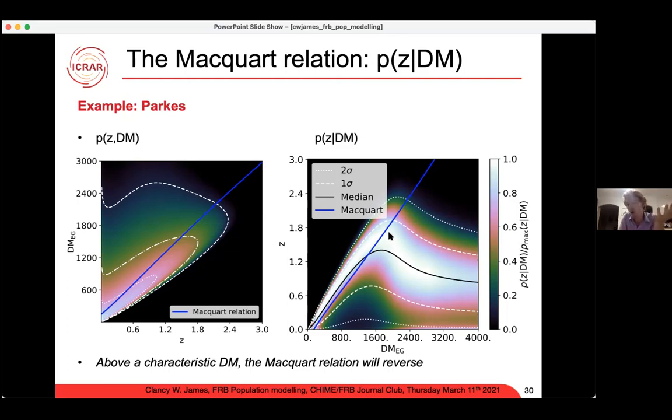The question is what exactly the form of the turnover looks like. It might be that only your highest DM 1% of FRBs, or maybe even the highest 0.2%, obey that.